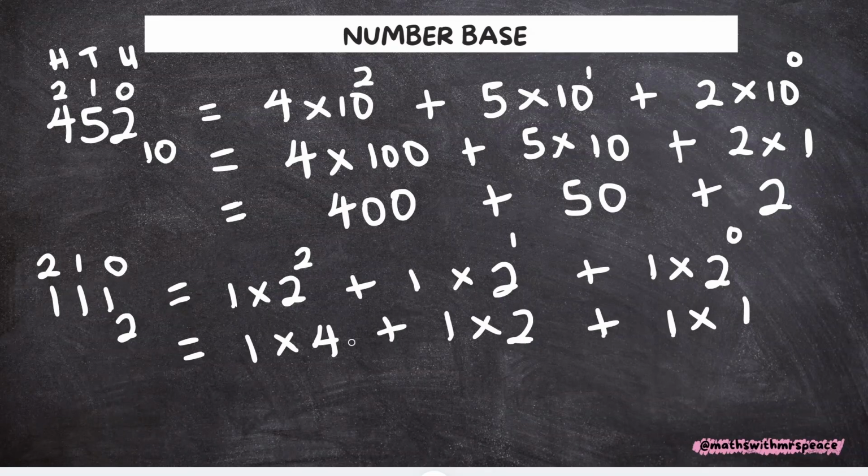In fact, if I go ahead to do this multiplication, I'm going to get 1 times 4 to be 4, 1 times 2 to be 2, and 1 times 1 will be 1. So I'll read this number as 1, 1, 1 in base 2. I can read this as 452 in base 10. So this is an example of how a number base can determine the value of a number.